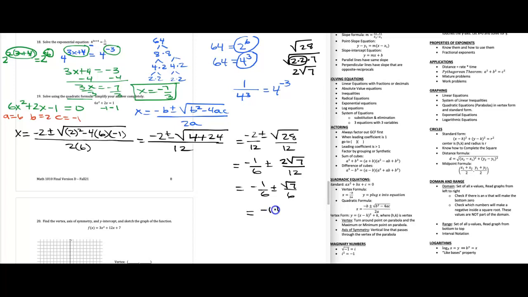You could have negative 1 plus or minus square root of 7 all over 6. I don't care which way it's written. This way it's a little bit easier to be able to reduce each of those fractions. But if there's nothing to reduce, then writing it that other way is totally fine as well. Okay, but that would be your answer on that. Are there questions there?